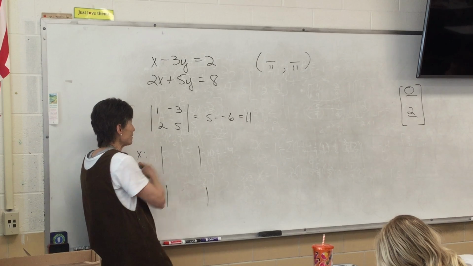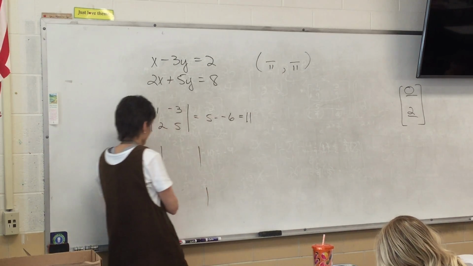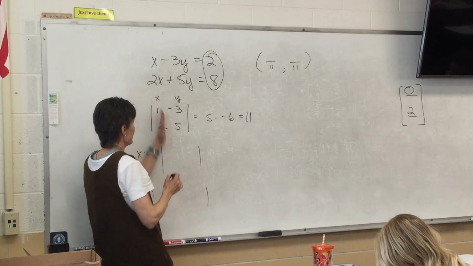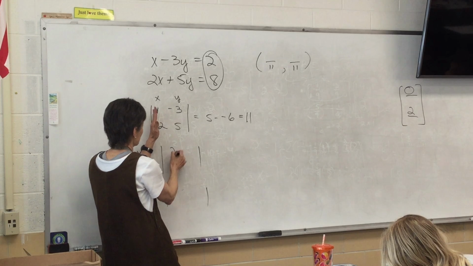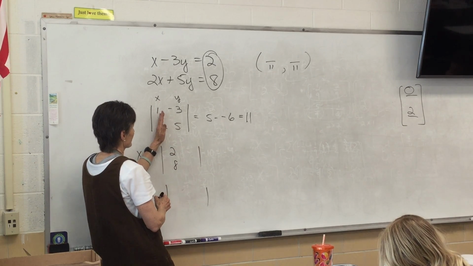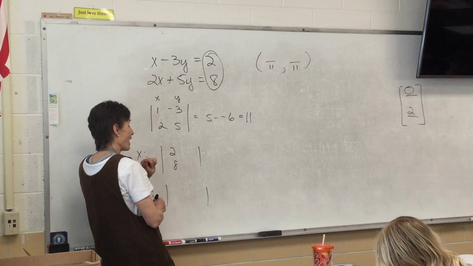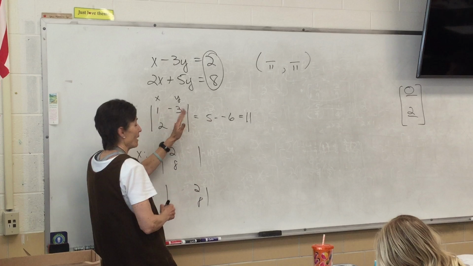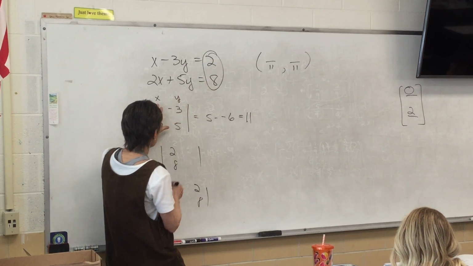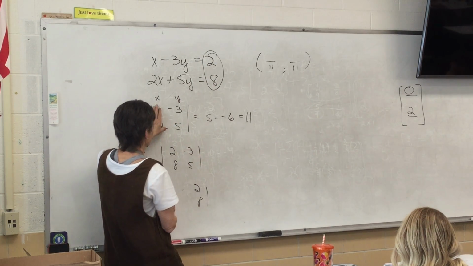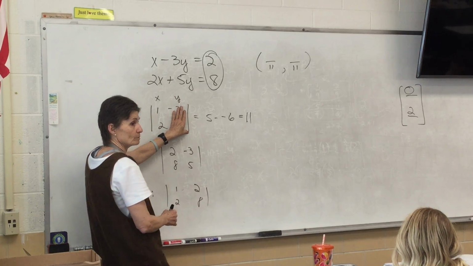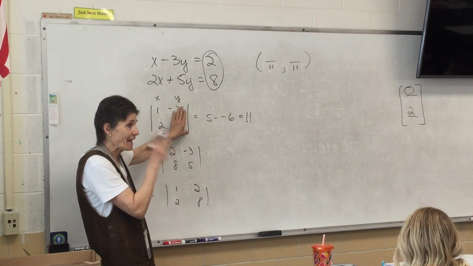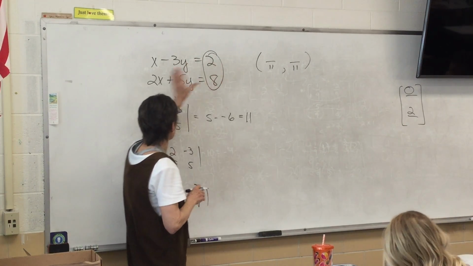If you're solving for the x numerator, take the 2 and the 8 and glue them in the x column. So 2, 8. If you're solving for y, glue them in the y column. Everything else stays the same. So if I glue that here, I'm going to have -3, 5. If I glue it here, I'm going to have 1, 2. Do not move anything. You cut and paste.